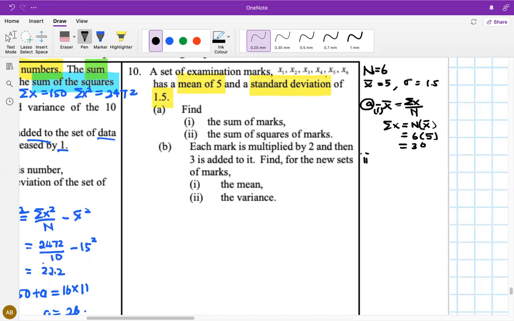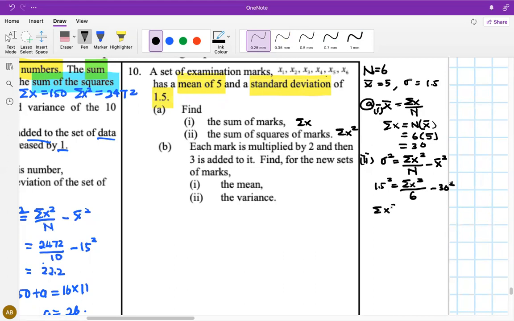So A2, if you want to find the sum of squares, I use the variance, that is the standard deviation squared, equals the sum of x squared divided by n minus the mean squared. So I have 1.5 squared equals the sum of x squared, that is what we want to find, divided by 6 minus 30 squared.